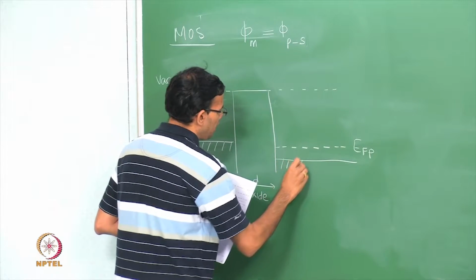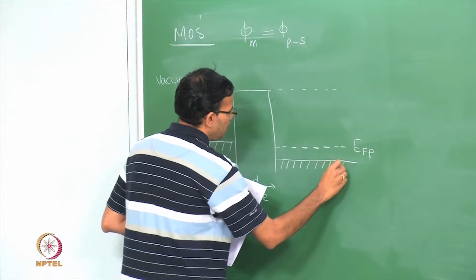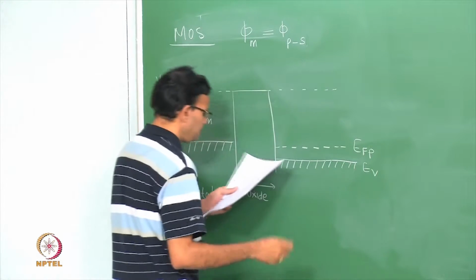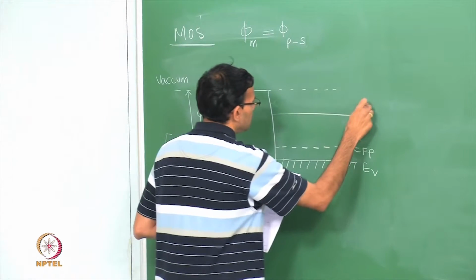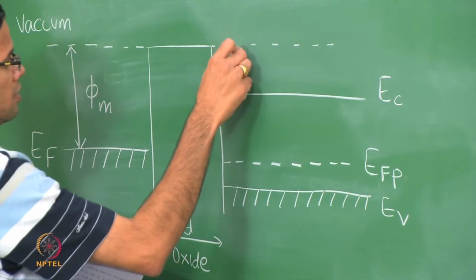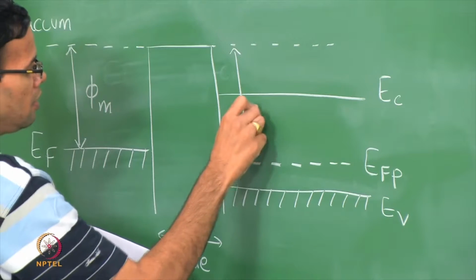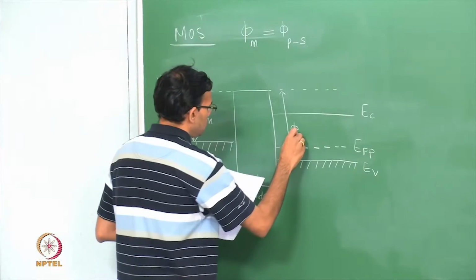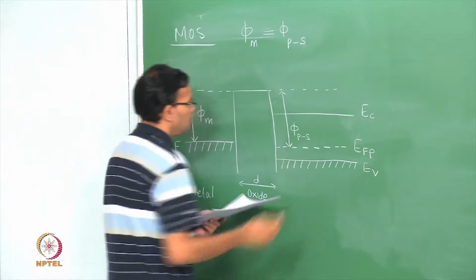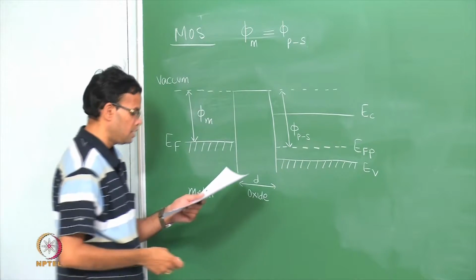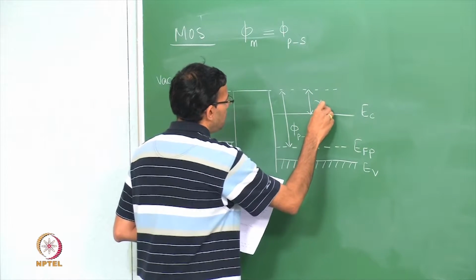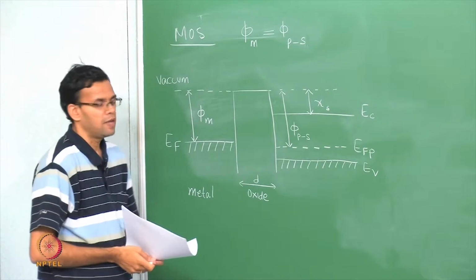This is a p type material, so the Fermi level is close to the valence band, that is EV, and that is EC. So for the semiconductor this will be my work function, call it psi PS, and then this will be my electron affinity.